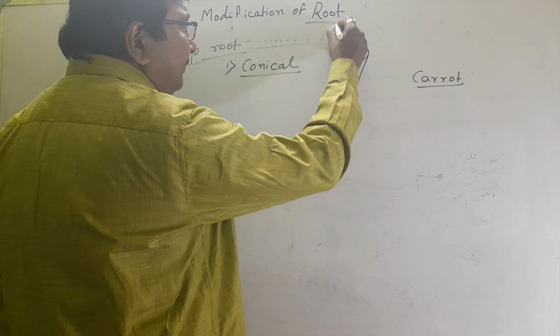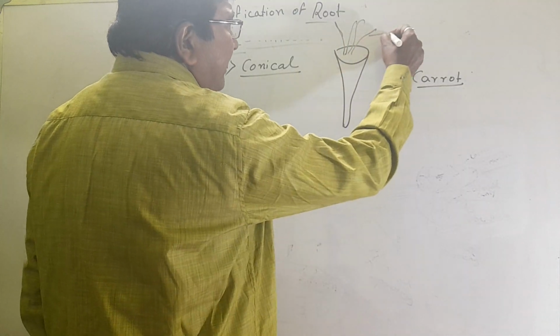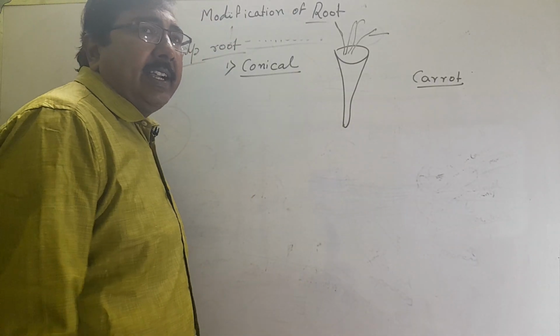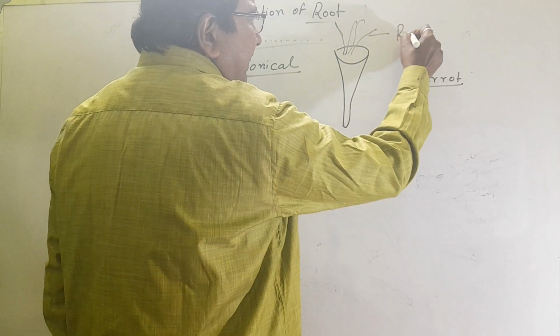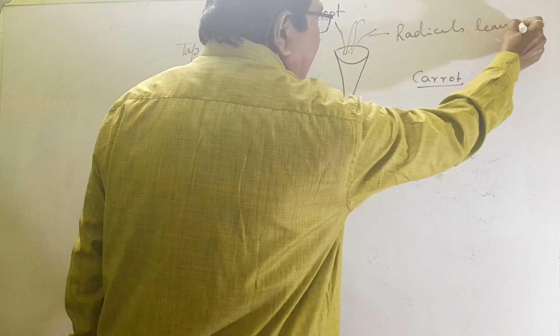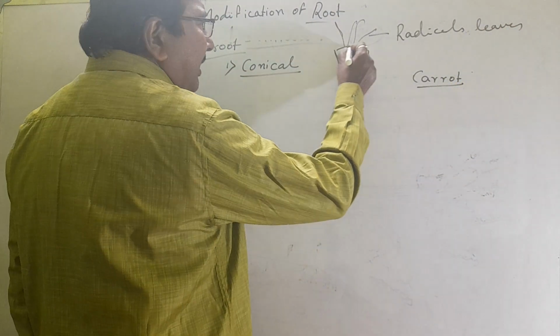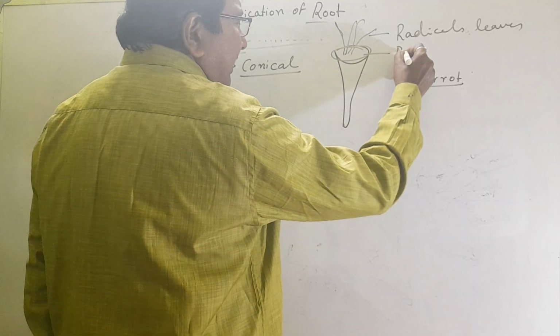Carrot looks like this type. This is called radical leaves. This round part is called disc.